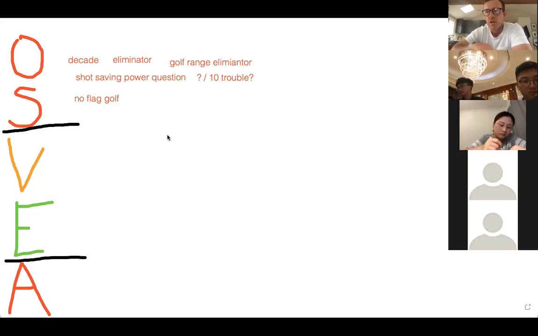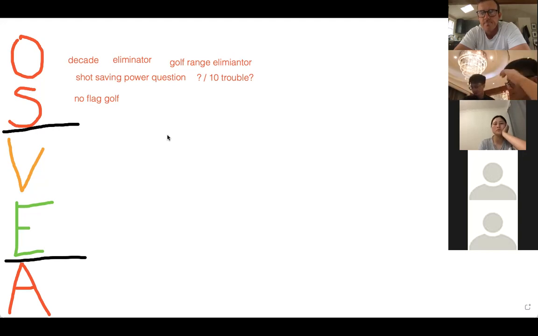Hey, there's water here. Hey, there's water here. It's a 5-stroke penalty if you hit it in the water. Or you lose 5 points if you hit it in the water. You gain 1 point if you hit it on the green to the correct side.